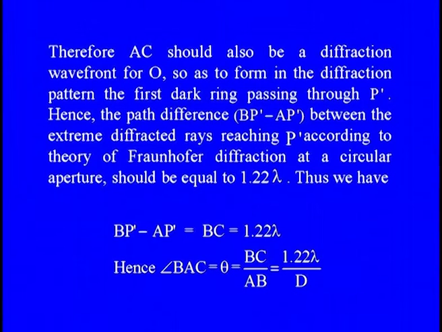Hence, angle BAC equal to theta will be equal to BC upon AB, which will be equal to 1.22 lambda upon capital D, where capital D is the diameter of the objective.